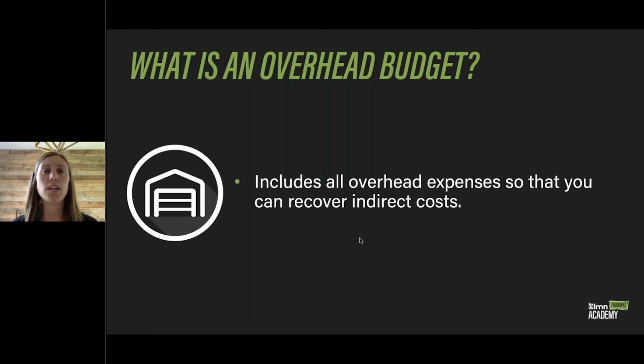These are all of the indirect costs that you wouldn't include on an estimate. So you wouldn't estimate to recover cell phone costs or anything like that. We're going to include them in our overhead expenses section of our budget so that when it comes to estimating, our budget produces an overhead markup so that we can recover our overhead costs kind of behind the scenes.